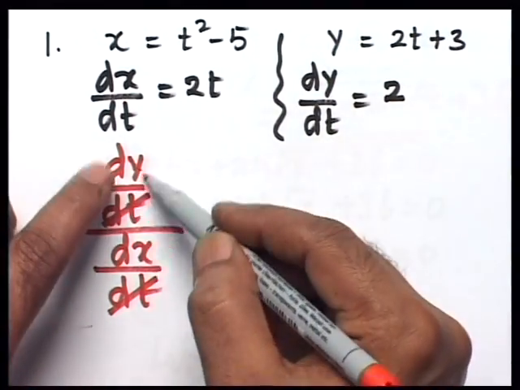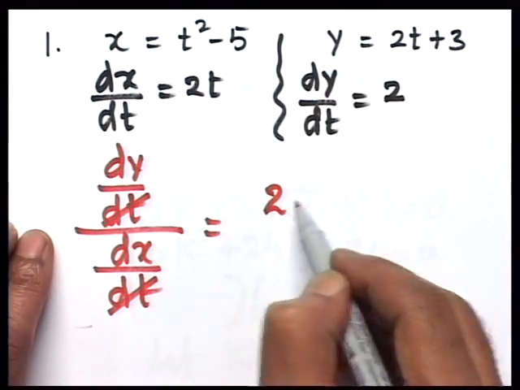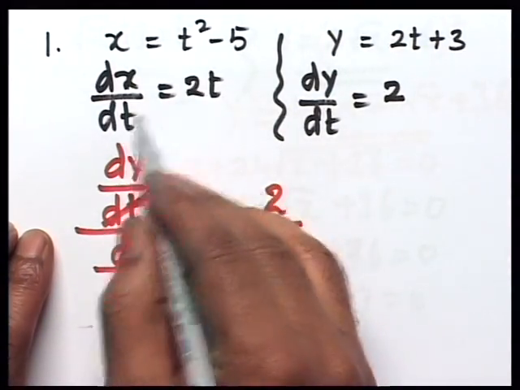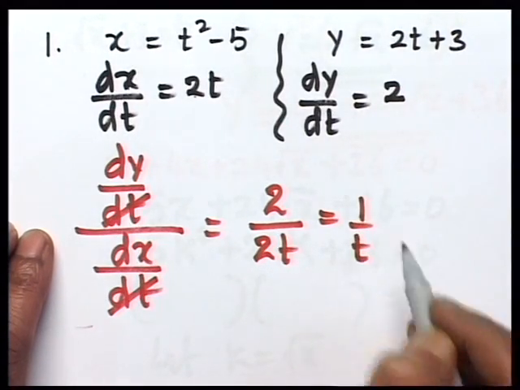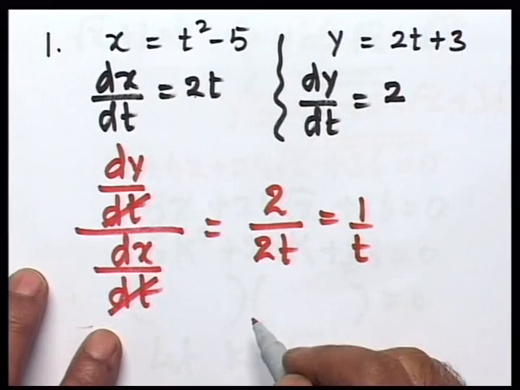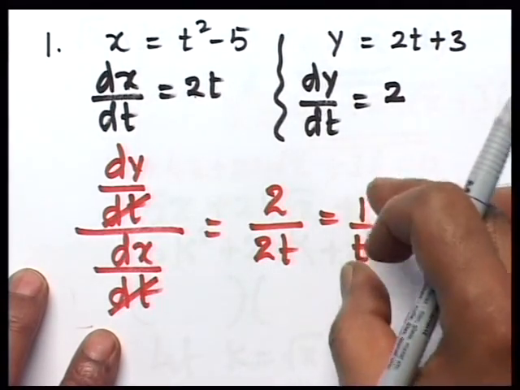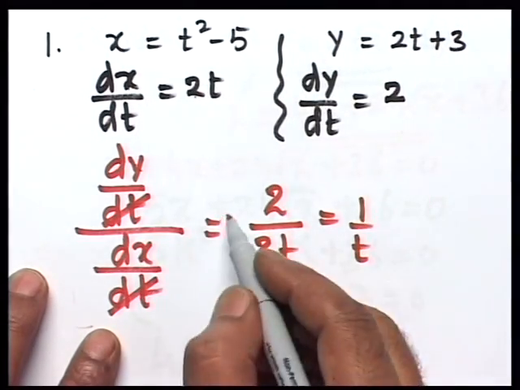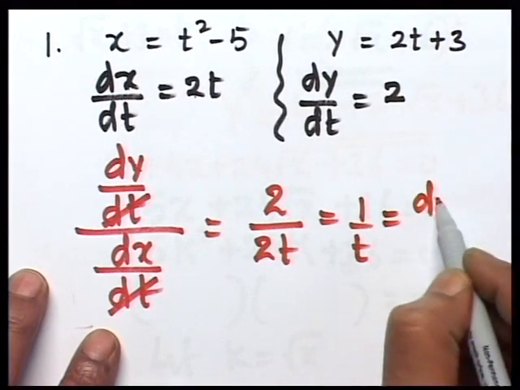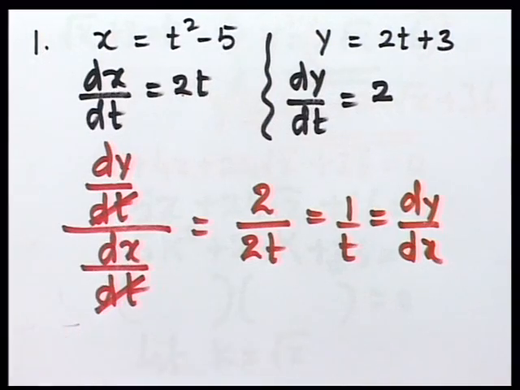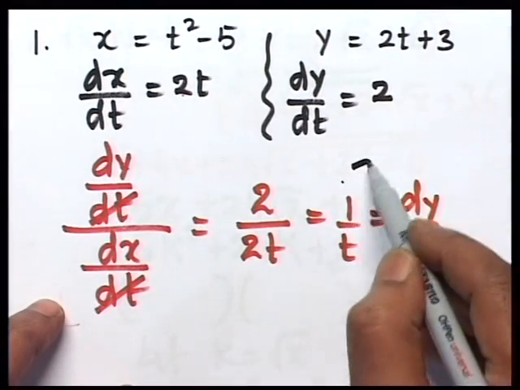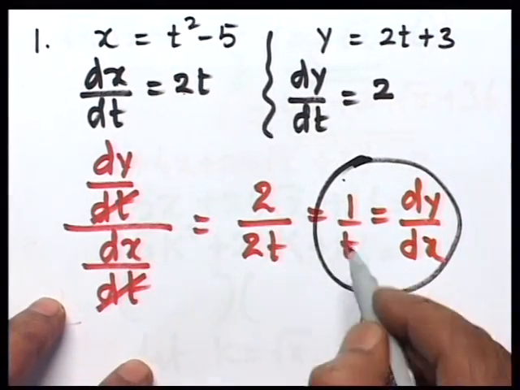So dy over dt value is 2 and divided by dx over dt, which is 2t, and the answer is 1 over t, right? We are still in t only, not x and y, okay? But this is actually dy over dx in terms of t. So now this is actually the gradient function, right, in terms of t.